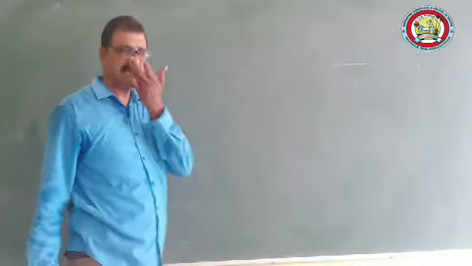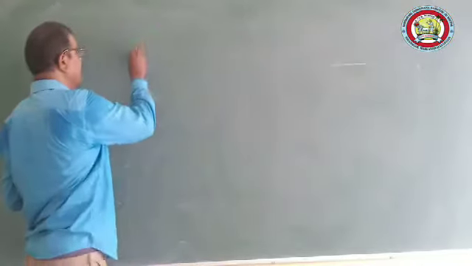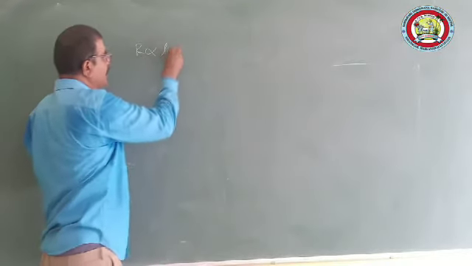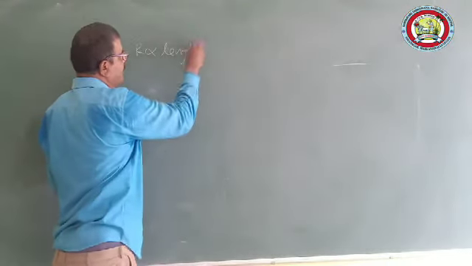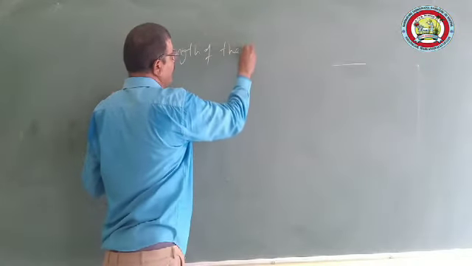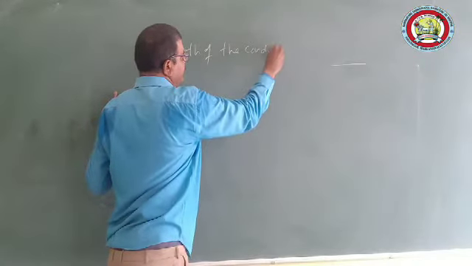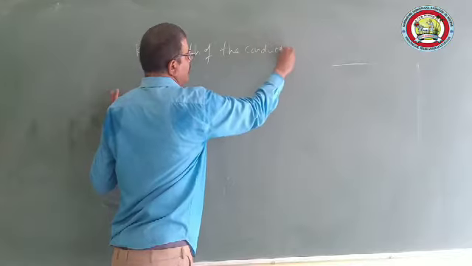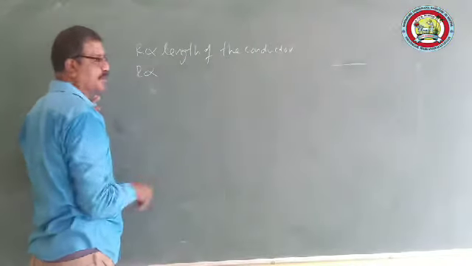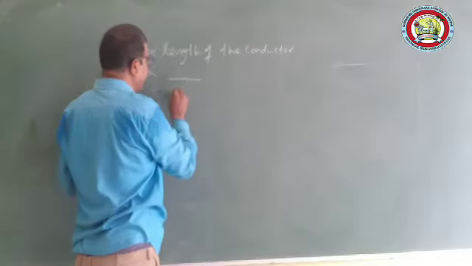We discussed that resistance R will always be directly proportional to the length of the conductor. R will be inversely proportional to the area of the conductor.